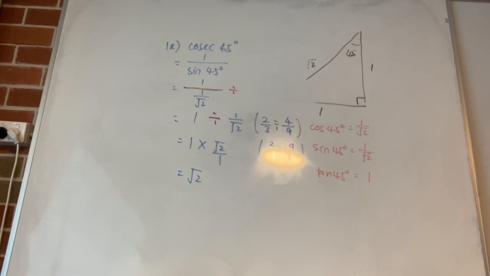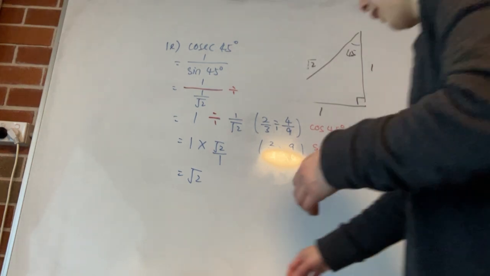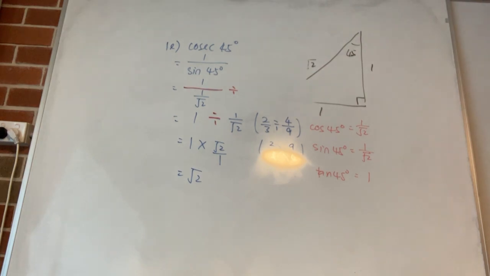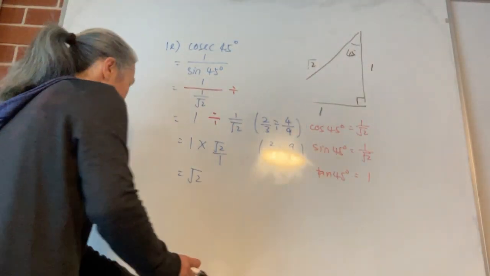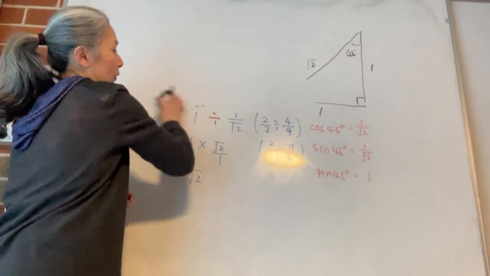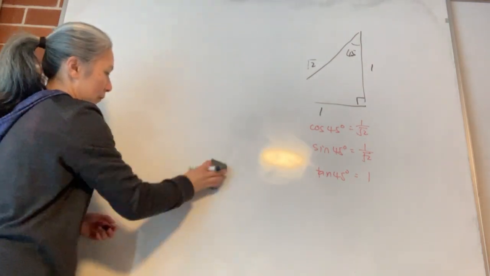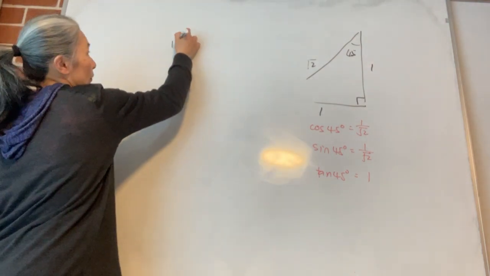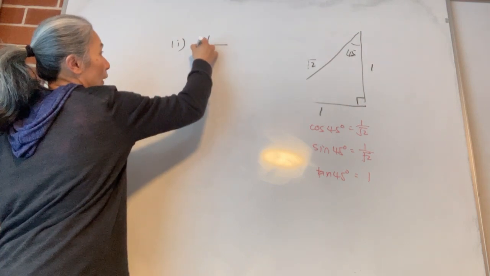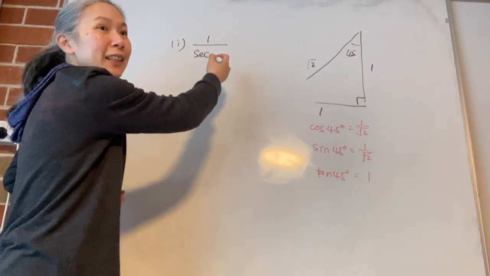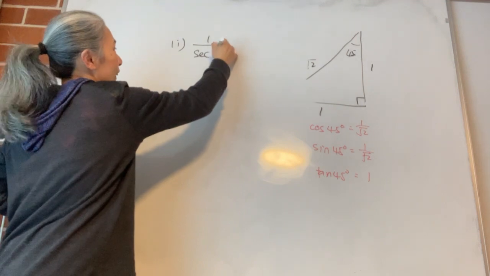Good. Cosec, you can write as 1 over, what's the third letter? Next question I. What's the angle? So, 45. Okay. Right.